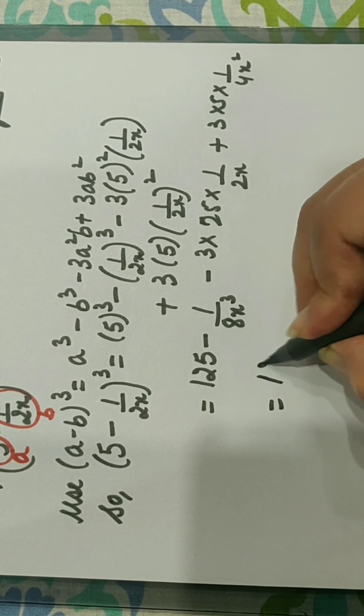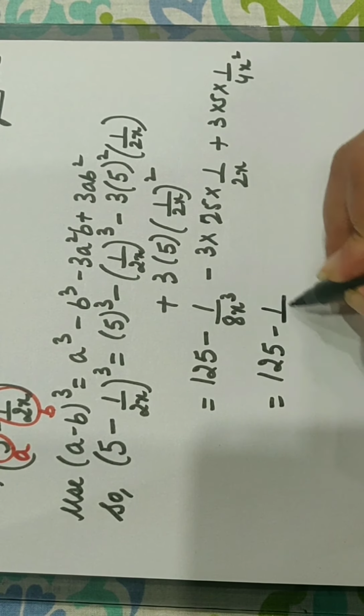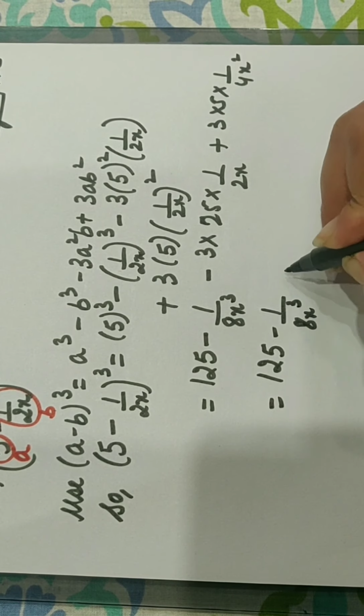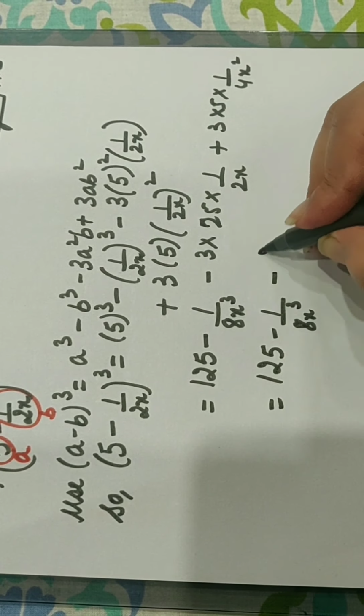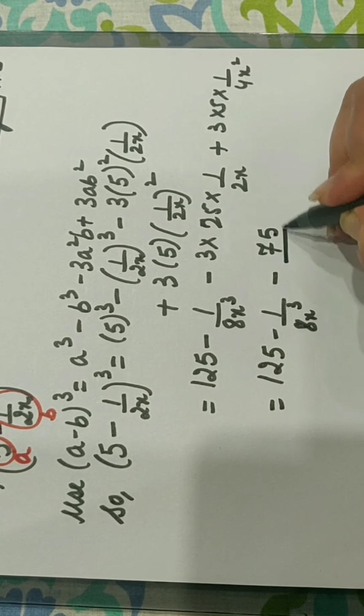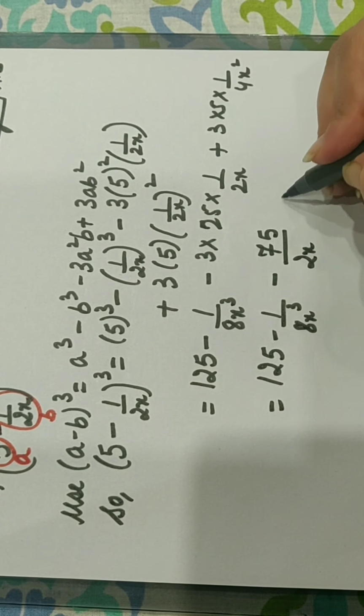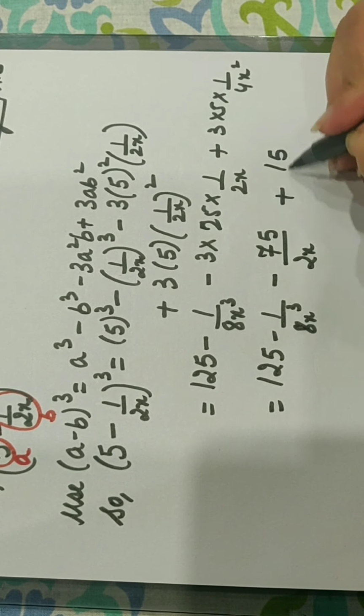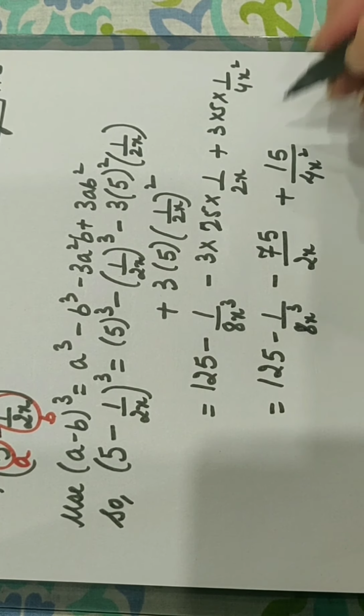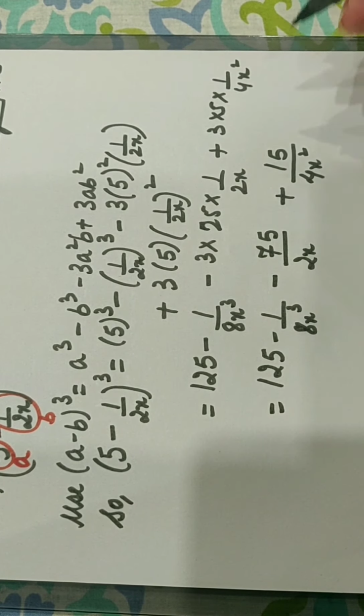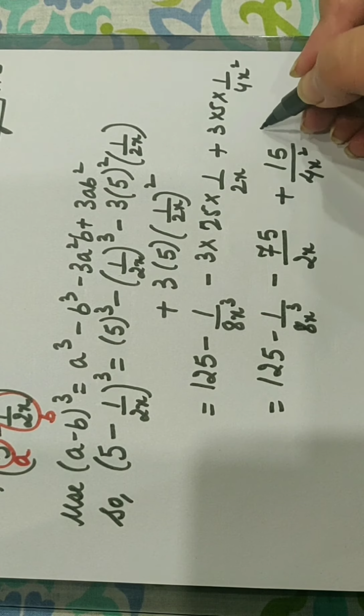This is equal to 125 minus 1 by 8x cube minus 3 into 25, 75 upon 2x plus 3 5s are 15, upon 4x square. All these terms are unlike, it cannot be solved further, so this is the answer.